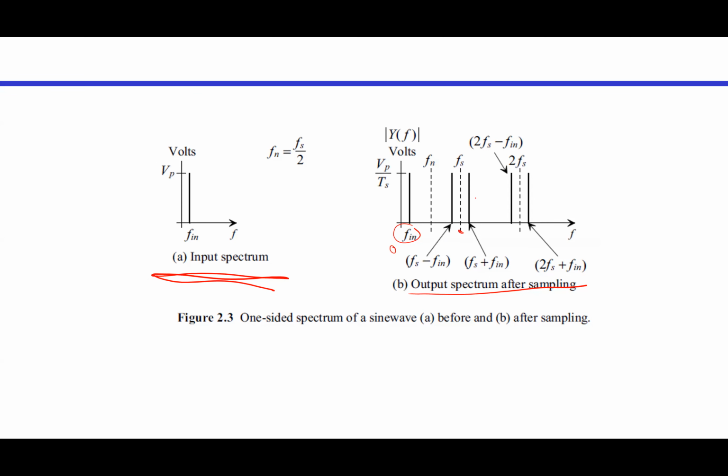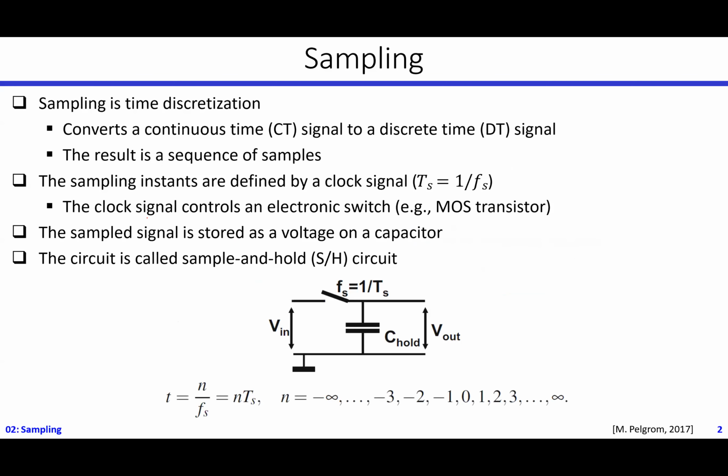I mean, Fs plus n, Fs minus n, 2Fs plus n, 2Fs minus n, 3Fs plus n, 3Fs minus n, and so on and so forth. You will have exactly the same on the negative side of the spectrum. So you will have exactly the same thing here.